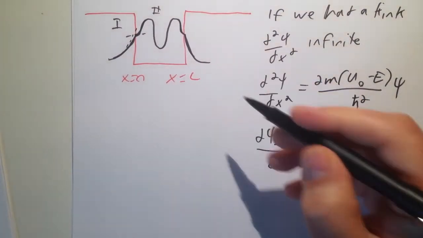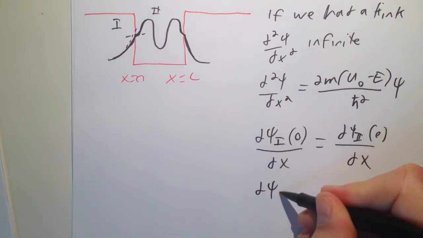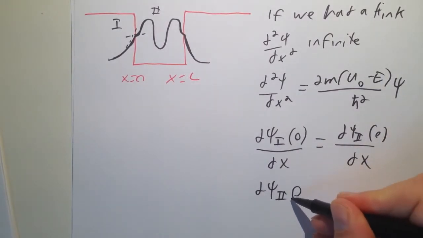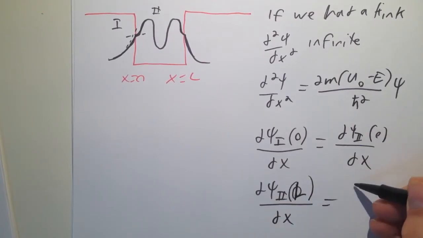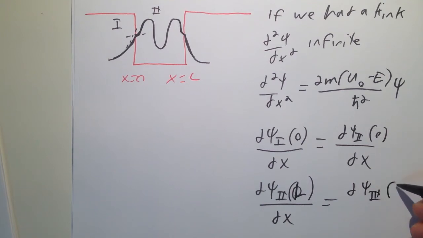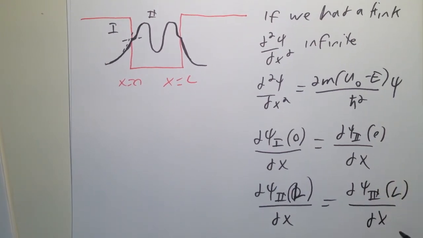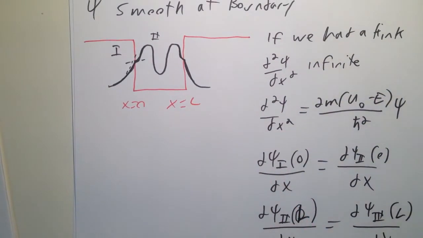Okay, and the same thing at x equals L, the slope of the wave function in the middle of the well has to be equal to the slope of the wave function outside the well, in that region.